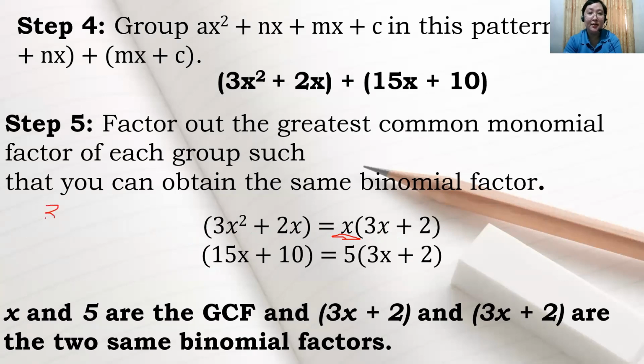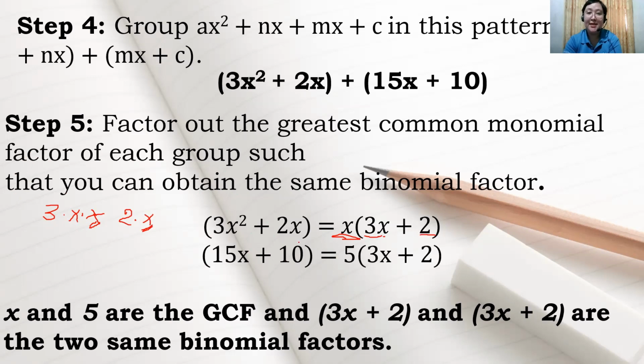We have 3 times x, and then the other one is 2 times x. So they have the common factor x. And then the other factors that we get, we have 3x and the other factor is 2.